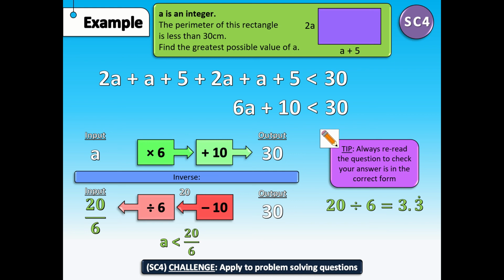And we're told a is an integer, which means it can't be a decimal. So 20 divided by 6 is 3.3 recurring. And if a is less than 3.3 recurring and it's an integer, the greatest possible value of a must be 3.